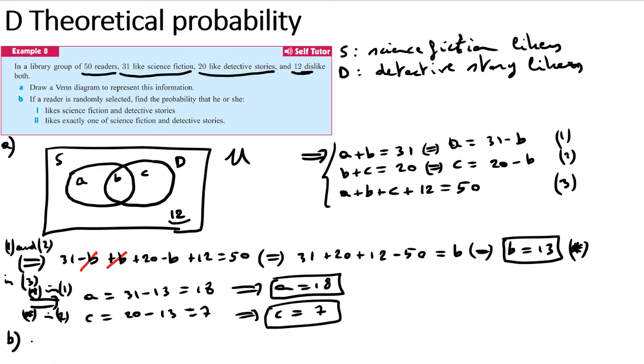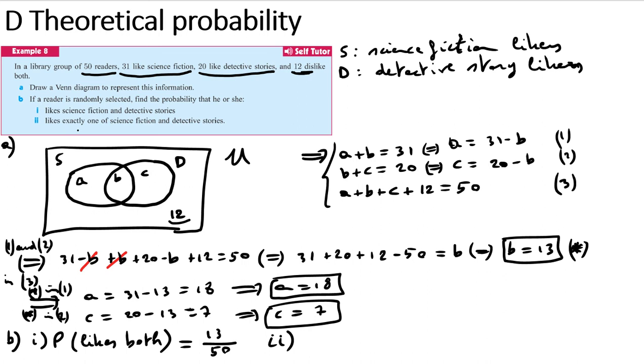So the probability that the reader likes both is equal to the number of readers who like both, which is the B that we found, 13, divided by the number of outcomes in the sample space, the total number of readers, which is 50. And that is the answer.